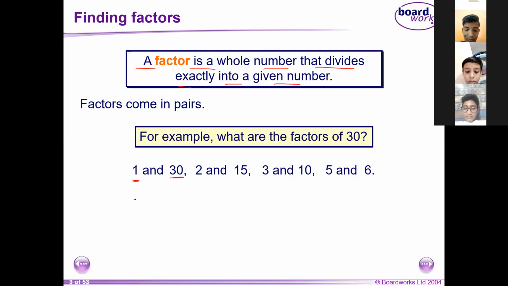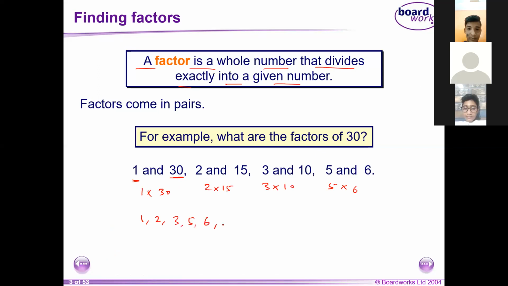Now why am I telling you in pairs? Because 1 into 30 is 30, 2 into 15 is also 30, 3 into 10 is also 30, 5 into 6 is also 30. Okay. So what are the factors of 30? 1, 2, 3, 5, 6, 10, 15 and 30.